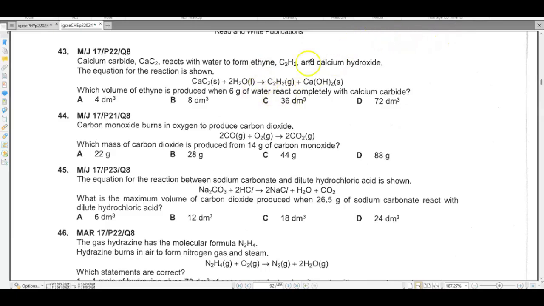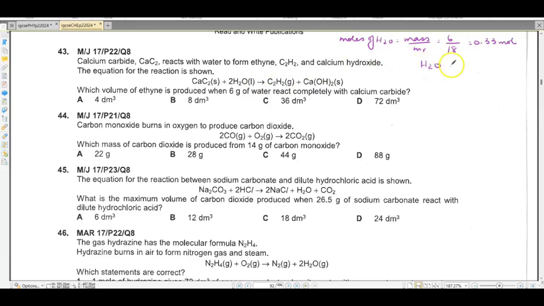As the mass of water is given to us, we are going to find the number of moles of water, using our formula mass over Mr. So the mass over here is 6 and the Mr for water is 18. So this is going to give us 0.33 moles.